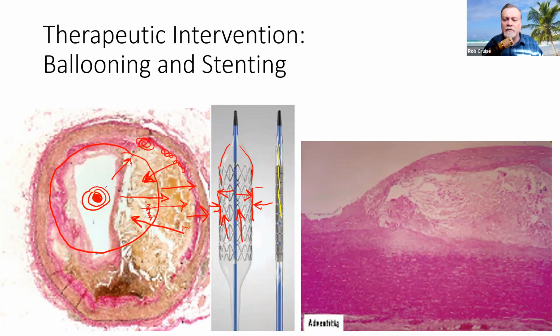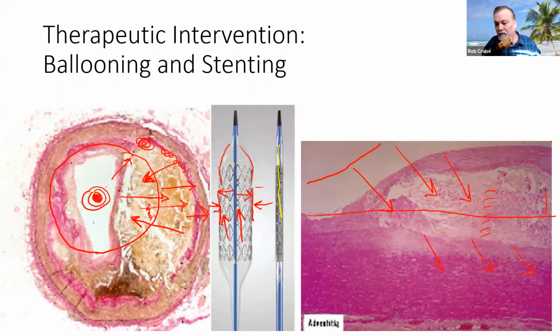Eventually. Okay, all right, so same thing here. If you have your wire come out, you have your balloon and you open that up, the balloon will push this fibrous cap down. It'll compress this layer of necrotic tissue, and it can also move the vessel wall out as well. Now, successful deployment. You have now had a balloon that opened up this full lumen.